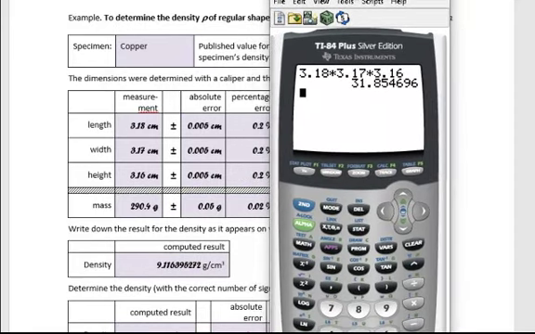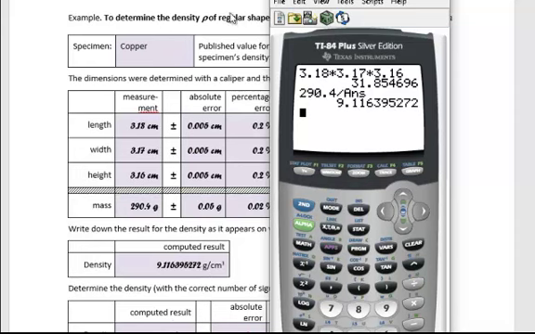So I'm going to divide 290.4 by this number here. I don't have to actually retype it because the TI-84 allows me to divide by the previous answer, hit enter, and I'm going to come up with this one here, and I wrote it all down.